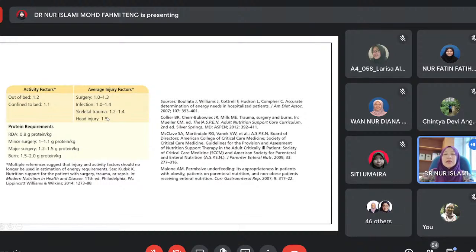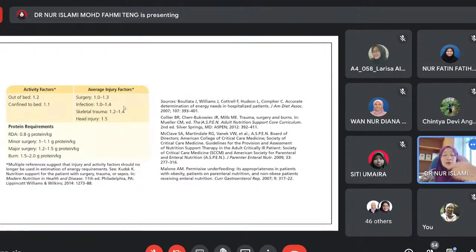So remember, we take the injury factor and activity factor into account for some formulas, while other calculations do not need to take them into account.